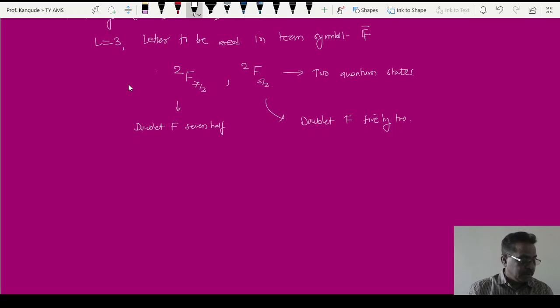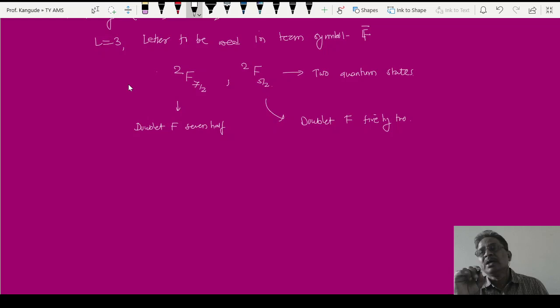This is the scheme used in atomic physics to write the quantum states, based upon the values of small l, small s, small j, from which we can get capital L, capital S, and capital J. Once S is known, its multiplicity can be calculated, and every J value represents a separate quantum state, or a separate term symbol.